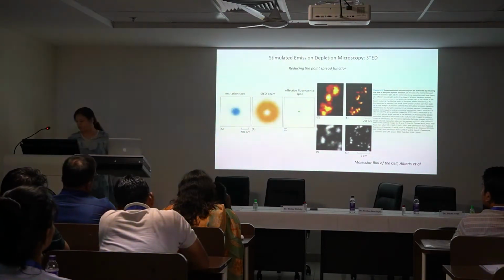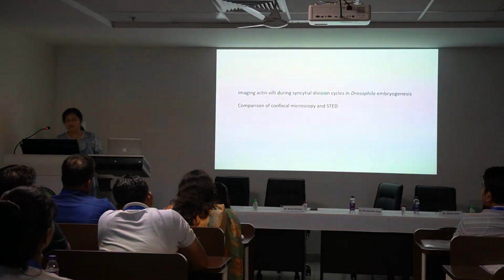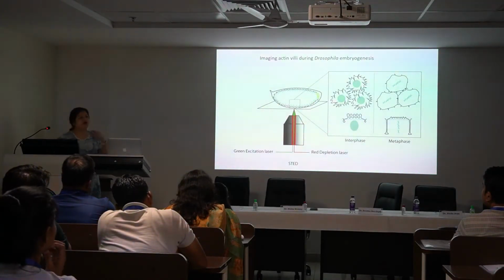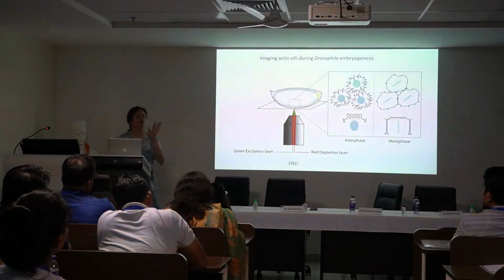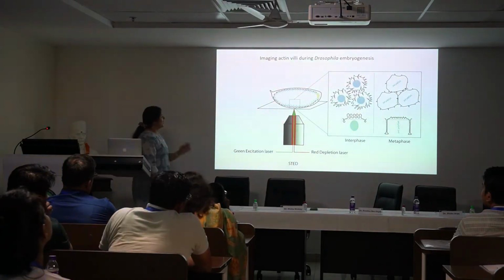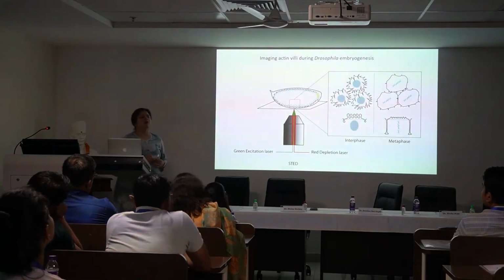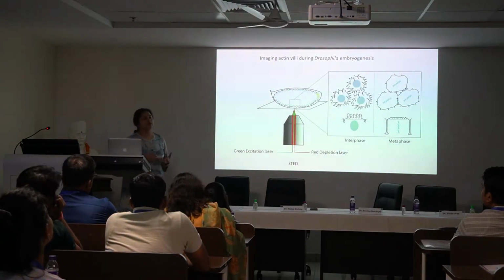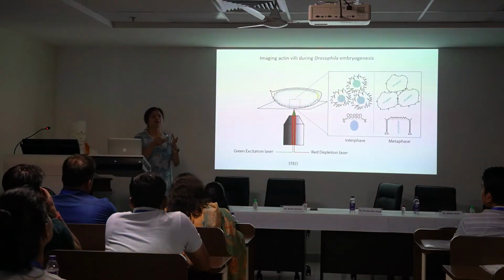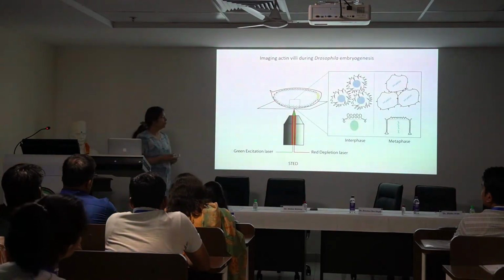Now what I'm going to show you is our personal example of an application of this. Like I said, we study Drosophila embryos, and our interest is in understanding how cells remodel in these embryos.